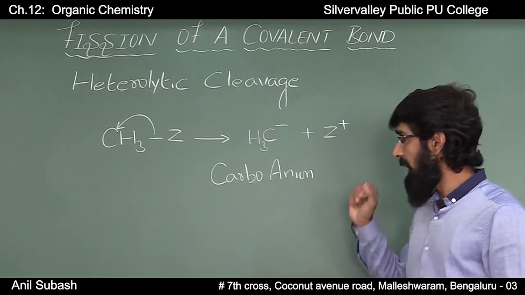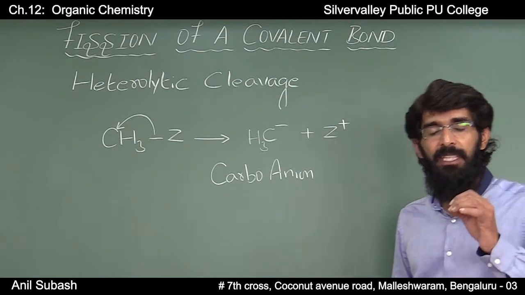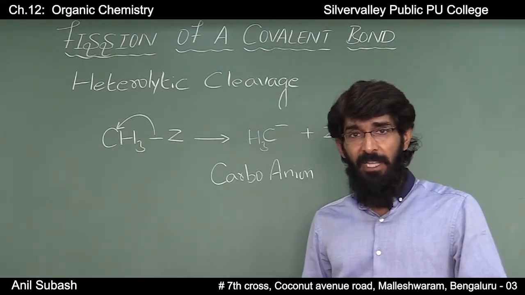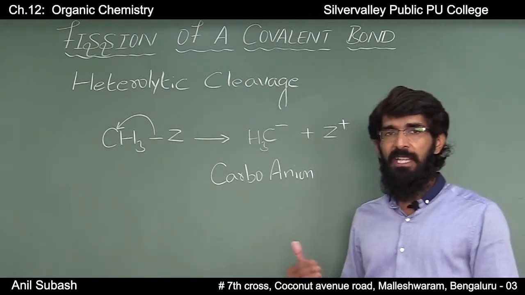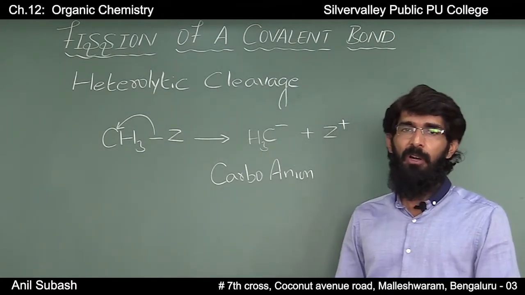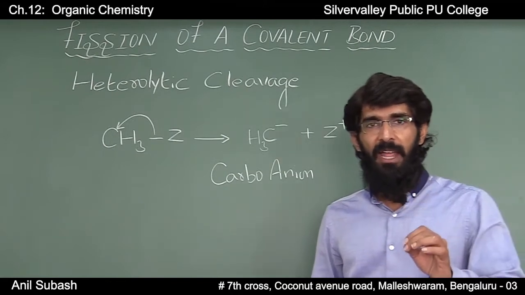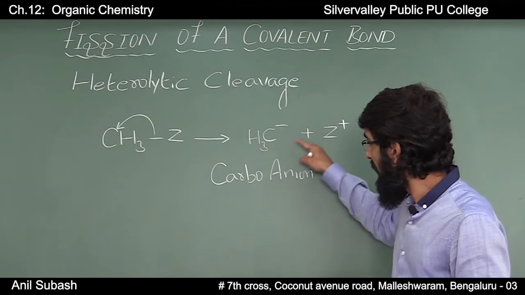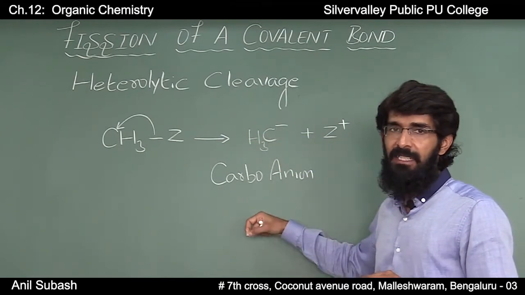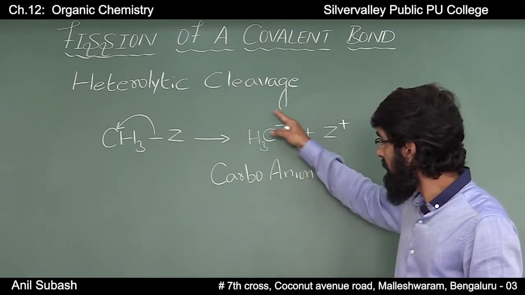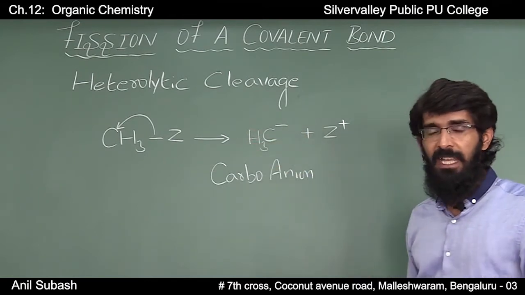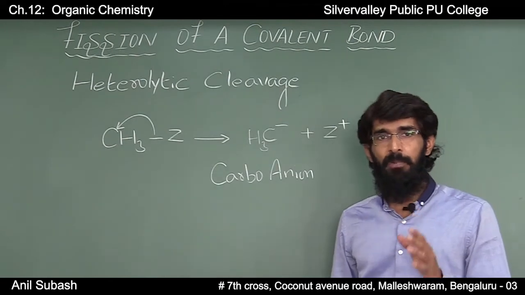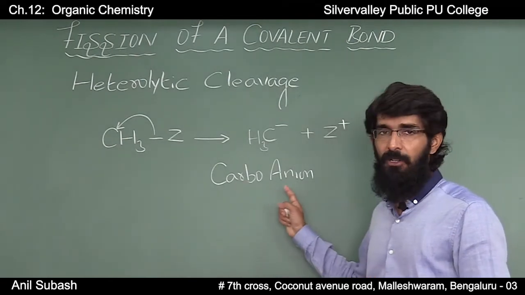Even in the case of carbanions, they may be primary carbanion, secondary carbanion and tertiary carbanion, depending upon the number of carbon atoms to which the C minus carbon atom is attached. If the carbanion is attached to one other carbon atom, then it is known as primary carbanion.